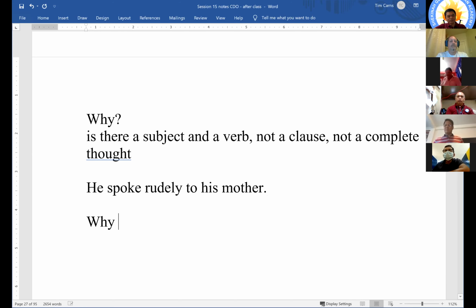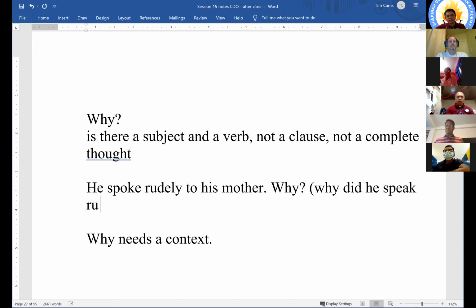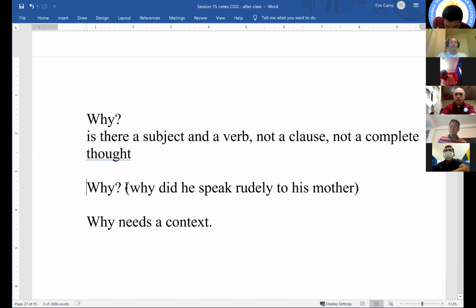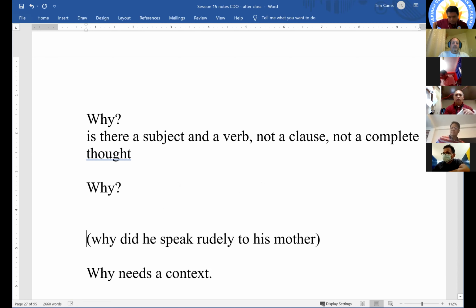The why needs a context. So when we have it next to he spoke rudely to his mother, why? The implication is, why did he speak rudely to his mother? But we only know that because of the sentence before. If we did not have the sentence before, we would not understand this question.